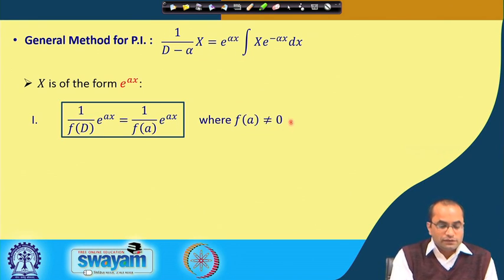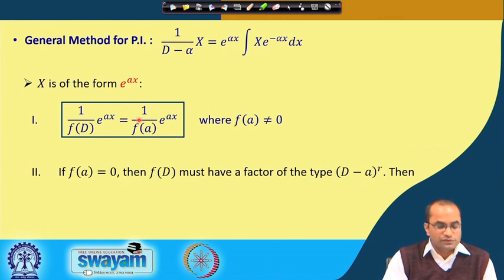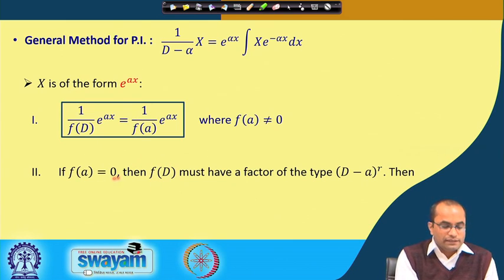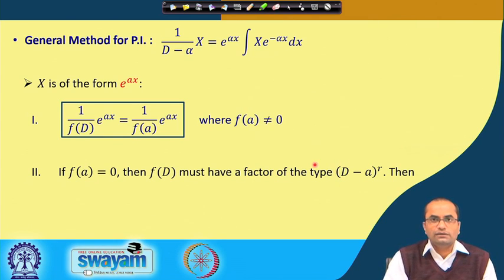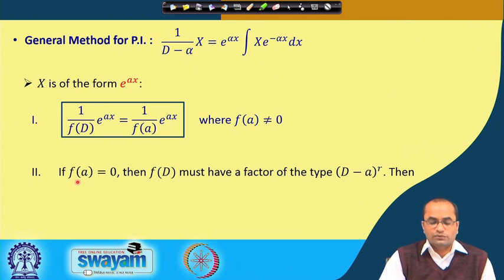But the point here was that f(a) must not be equal to 0, otherwise we cannot do that. In the case when f(a) is equal to 0, f(D) must have a factor (D minus a) power r, because that is the reason we are getting f(a) equal to 0. Here r can be any integer 1, 2, 3 and so on.